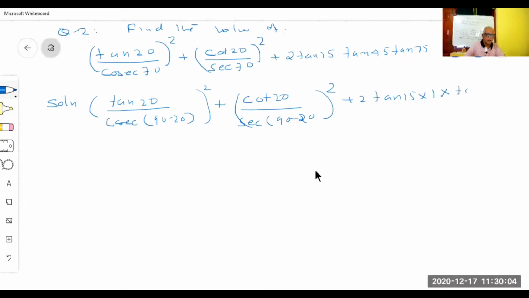Tan 75 we can write as tan 90 minus 15, right?